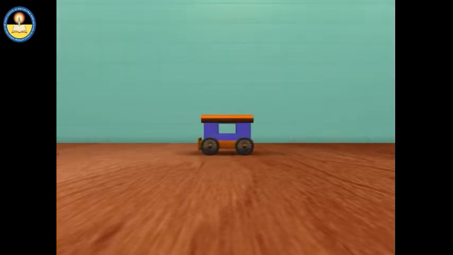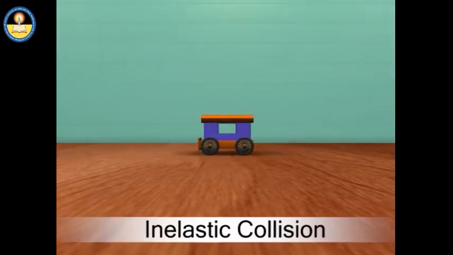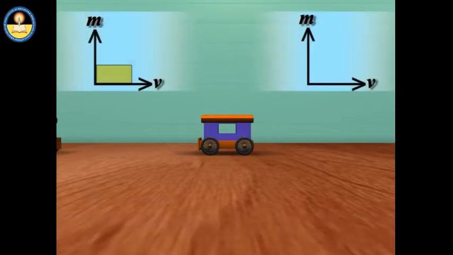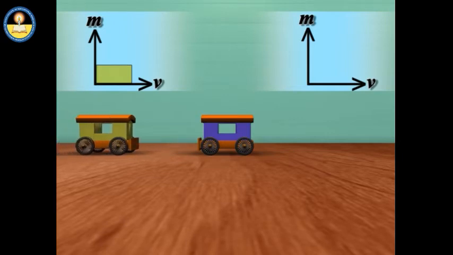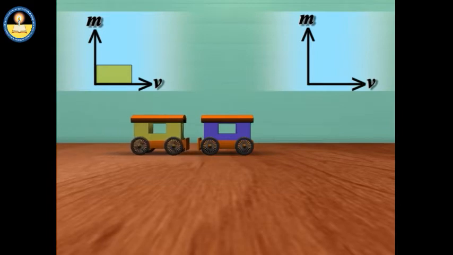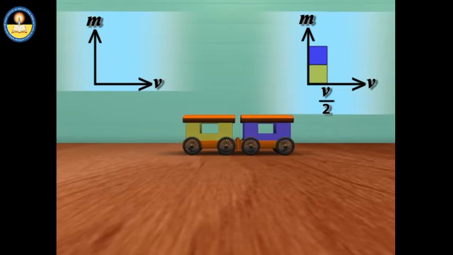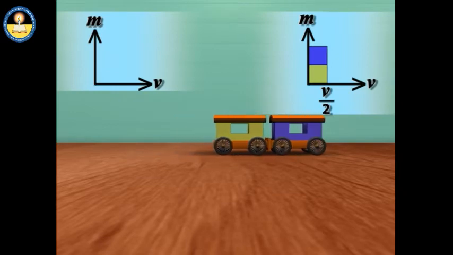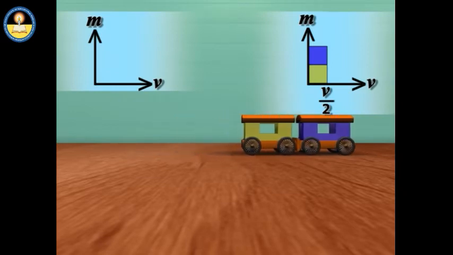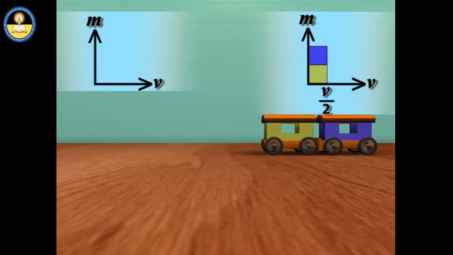Let us see a situation of an inelastic collision. When a stationary trolley of mass m has a head-on collision with a moving trolley of the same mass, then after the collision, both the trolleys move together with a velocity which is half of the velocity of the second one.